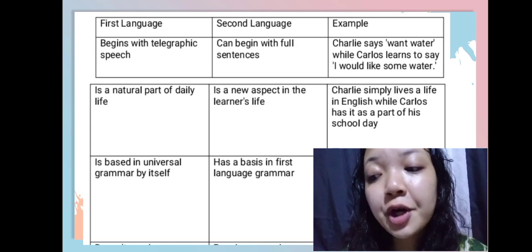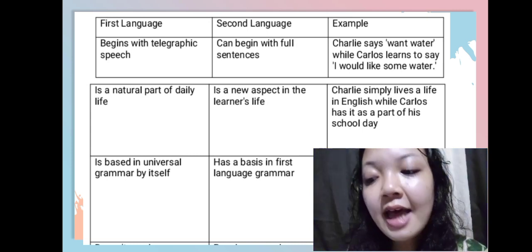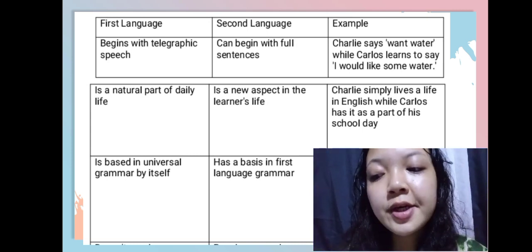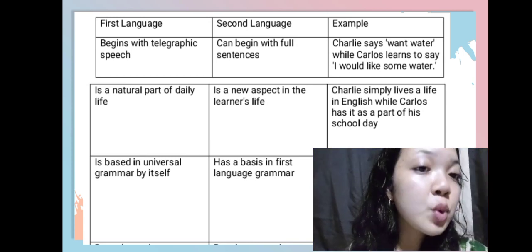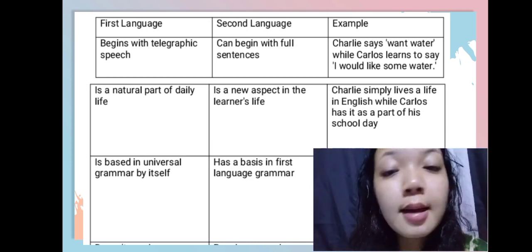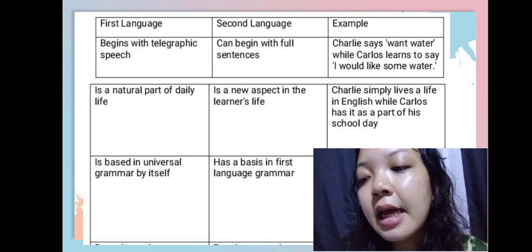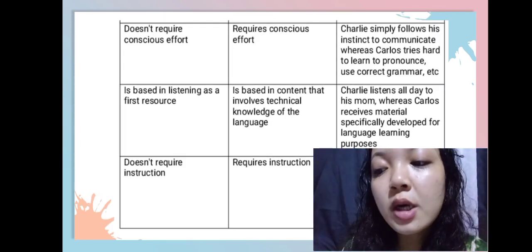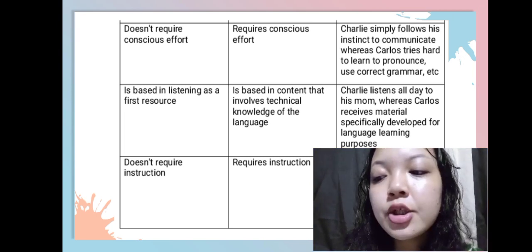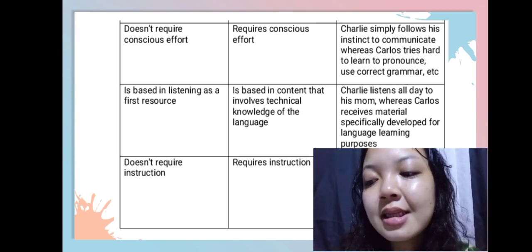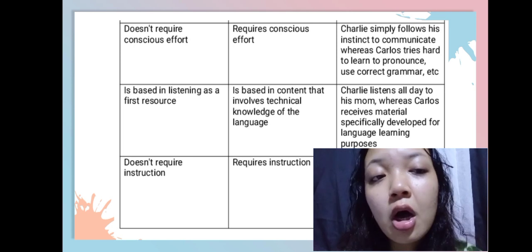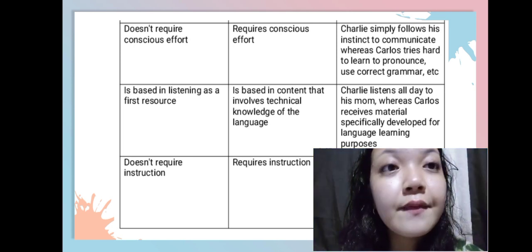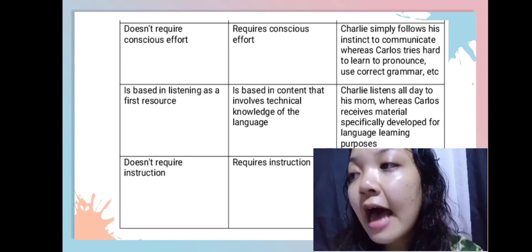Next, the first language doesn't require conscious effort, and the second language requires conscious effort. That's what I mentioned a while ago. And the first language is based in listening as a first resource. For the second language, it's based in content that involves technical knowledge of the language.